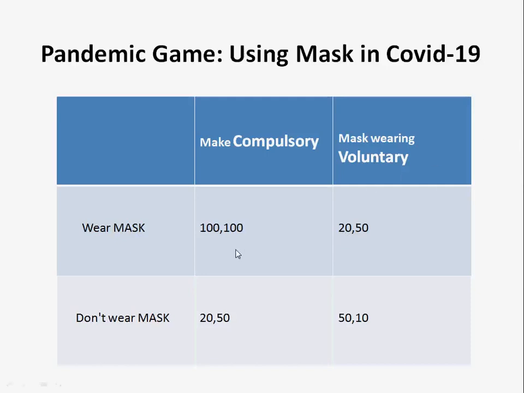So the happiness of the citizens will go from 100 to 20. But since the public is wearing masks, the government utility will go down only partially, from 100 to 50.